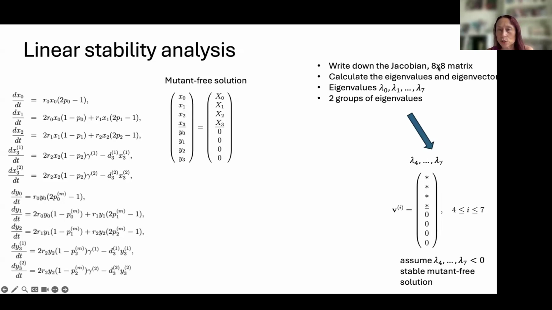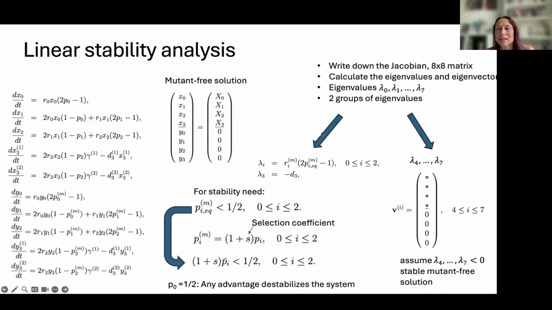We are going to write down the Jacobian, which is an 8x8 matrix, calculate the eigenvalues and eigenvectors of that matrix, call them lambdas. And we find that if we do that, the existence of zeros helps, right? It makes it a little bit easier.